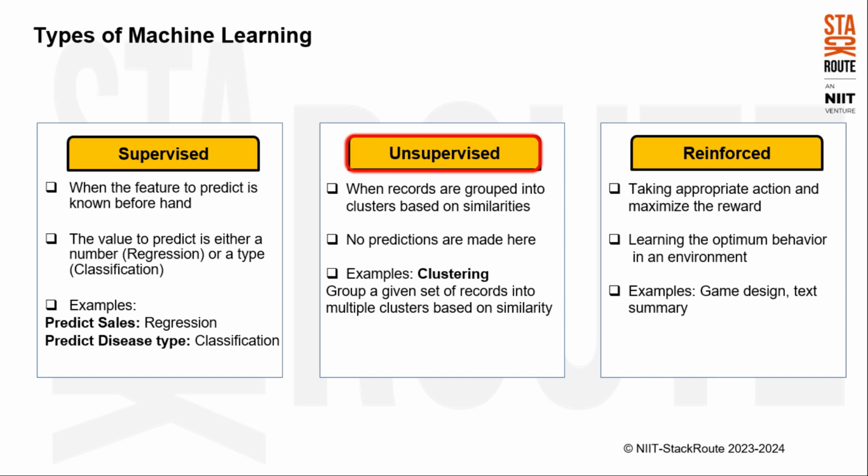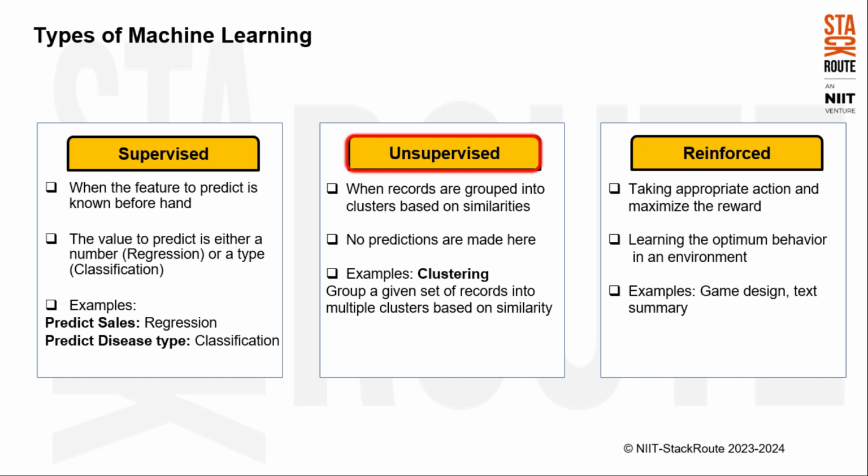Just to give an example, if I'm doing research on colleges in India, the engineering colleges, I'm going to group them into different clusters. Cluster 1 will have a set of colleges which have similar patterns. Cluster 2 will have a set of colleges which have similar patterns. And cluster 3 will have a set of colleges which have similar patterns. But across clusters, we will see that the records differ.